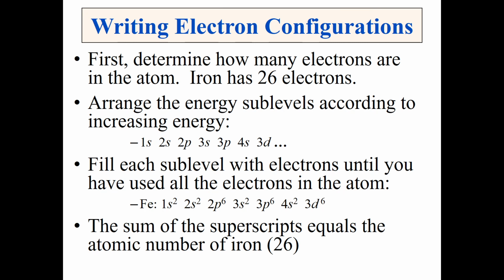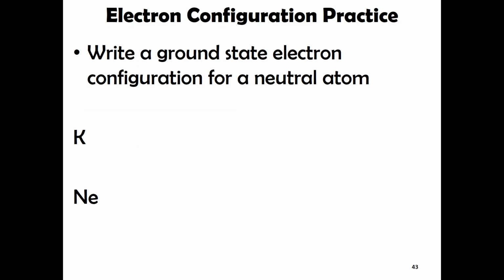Note that these electron configurations, when I ask you to write an electron configuration, I'm asking for the ground state. Ground state is when the electrons are all at the lowest possible energy level, and also a neutral atom. So, what would be the ground state electron configuration for a neutral atom potassium?